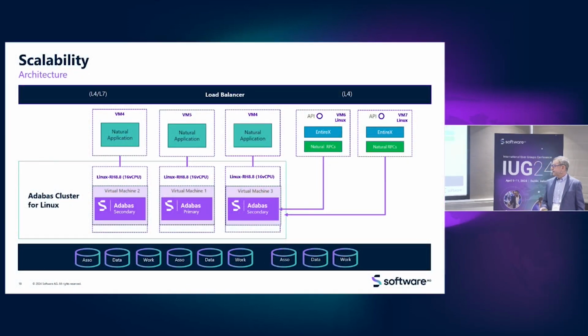Okay, this is the use case of scalability, and Luciano did some work at one of the customers who had a severe bottleneck on a single instance of Adabas. They were hitting it very hard with lots of read-only Natural RPCs, and they were getting peaks, and the database could not handle those peaks. So they simply brought up an Adabas cluster environment.